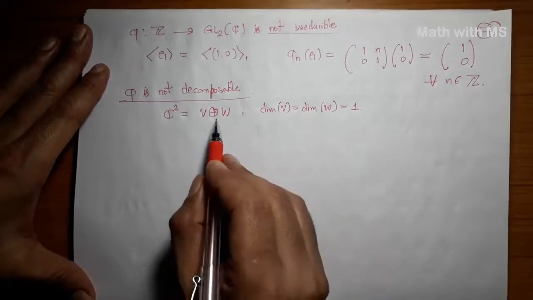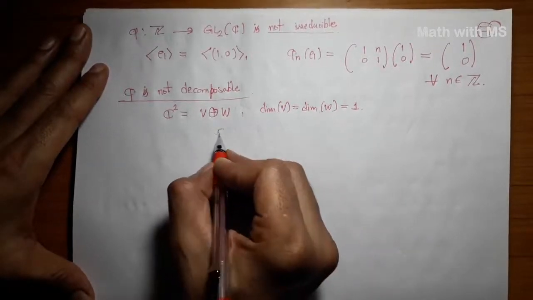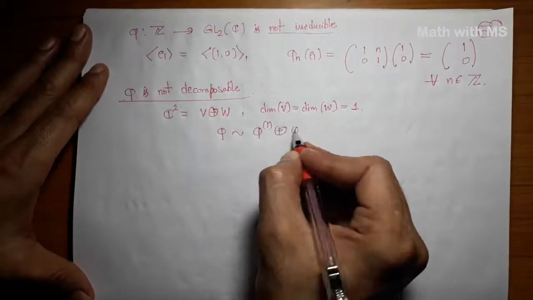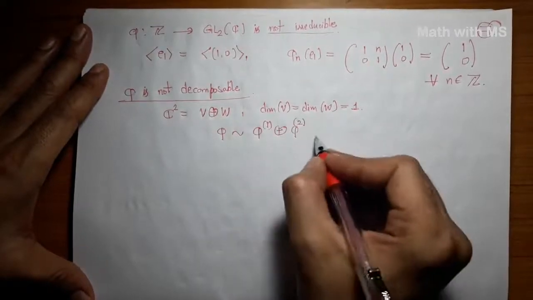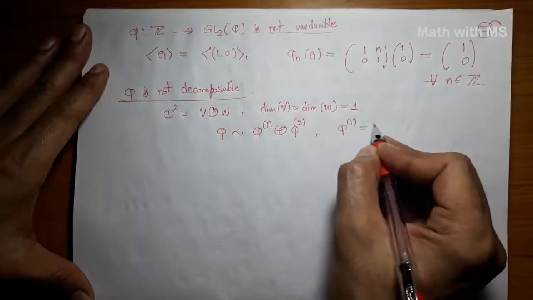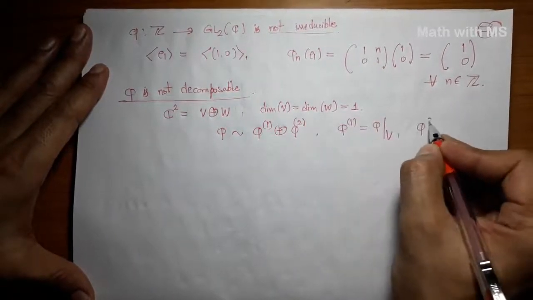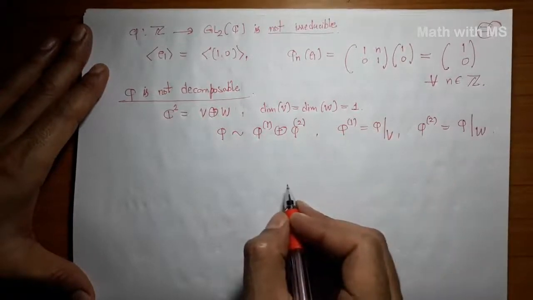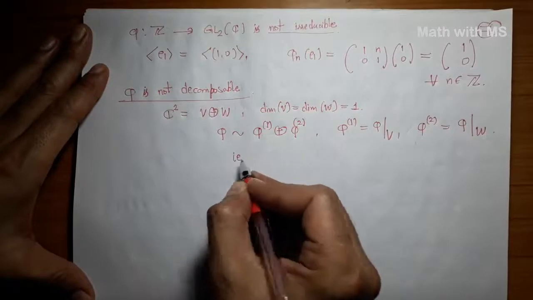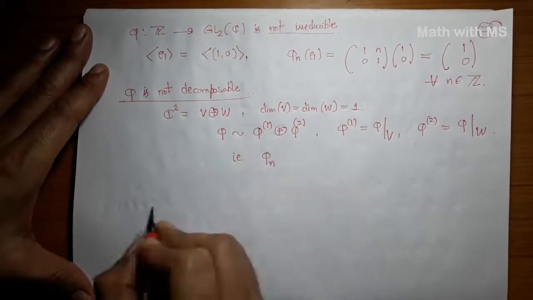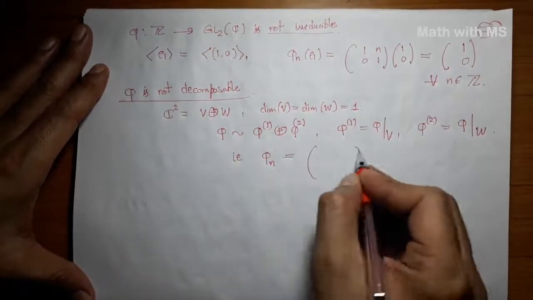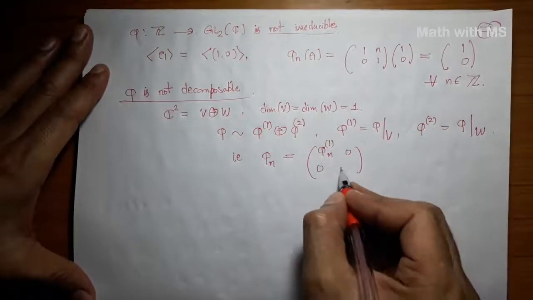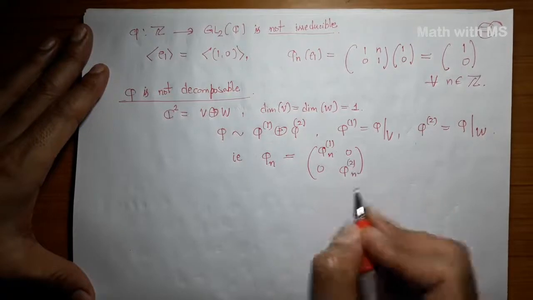Because these are invariant subspaces, your representation phi would be equivalent to phi 1 direct sum phi 2, where phi 1 is just phi restricted to V and phi 2 is just phi restricted to W. That means the matrix of phi of n for any integer n would be the block matrix with phi 1 of n, 0, 0, and phi 2 of n.